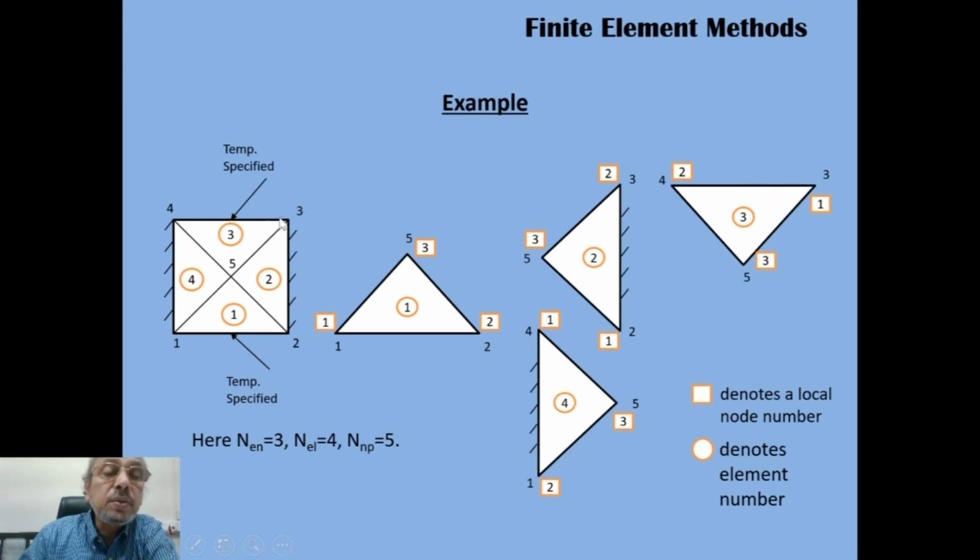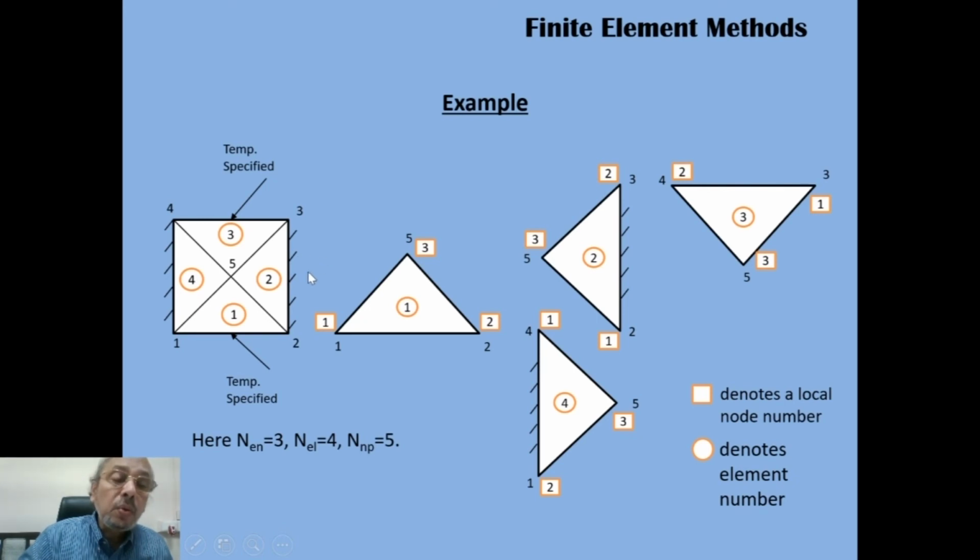So these two sides are temperature specified. These two sides may be insulated boundary. Now, since the domain is divided into 4 triangular elements: element 1, element 2, element 3, element 4.